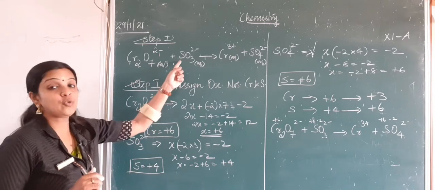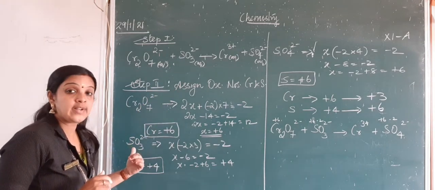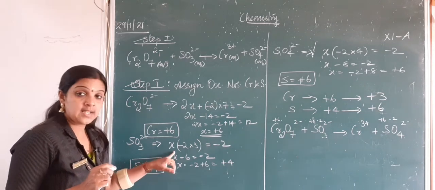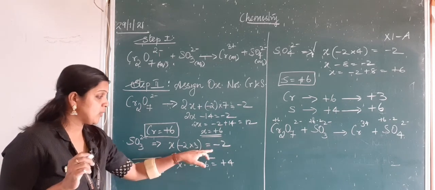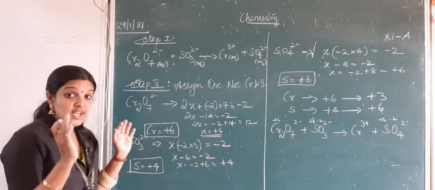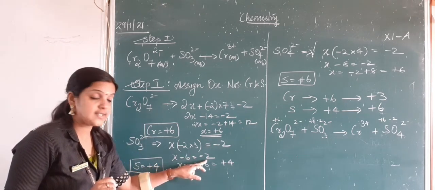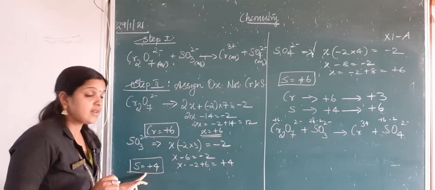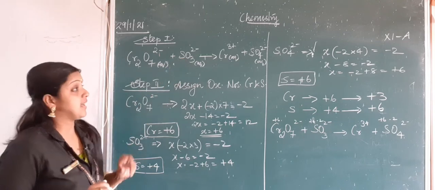Next, let us move to sulfite. In SO3 2-, we need to find the oxidation state of sulfur. x minus 2 into 3, because there are 3 oxygen atoms, equal to -2, which is the charge of the sulfite ion. So x minus 6 equal to -2, x equal to +4. That shows sulfur has +4 oxidation state in the sulfite ion.